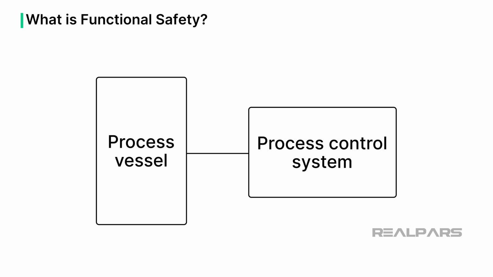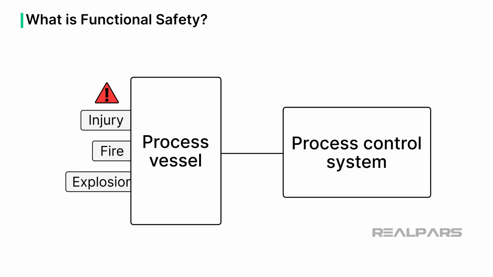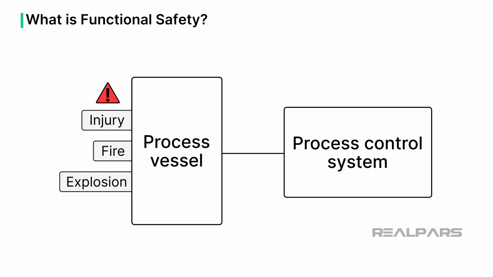All regulatory process control systems are designed and installed with safety in mind. Even so, the risk of injury, fire, explosion, and other catastrophes is not at a tolerable level.